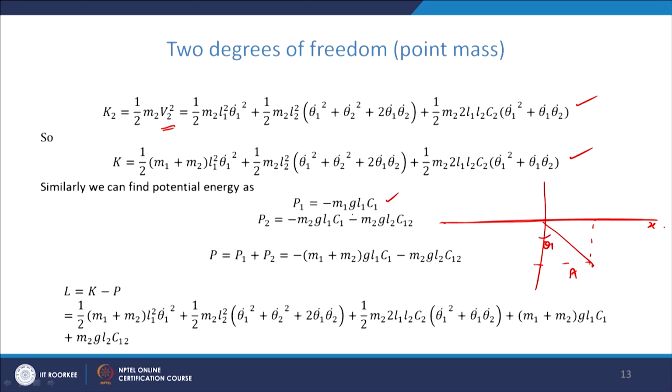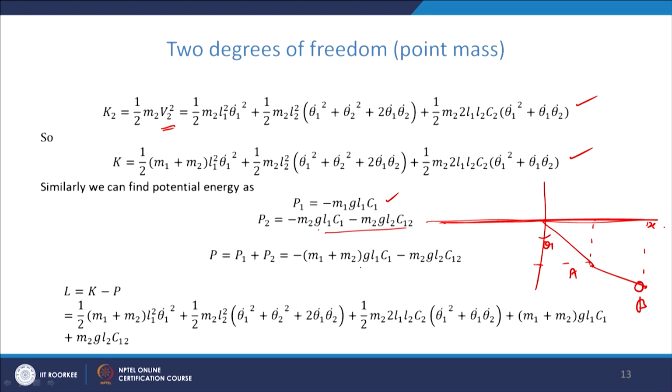So, the potential energy with respect to this x axis is given by this. Similarly, the potential energy of the point B with respect to the x axis is given by m2 into gravity into the height, which is given by this.